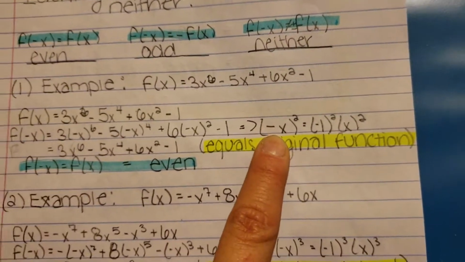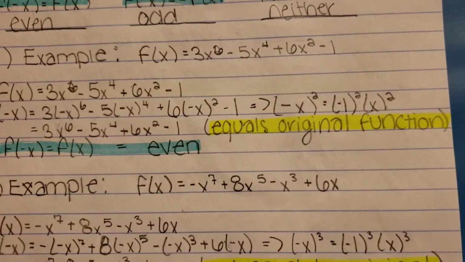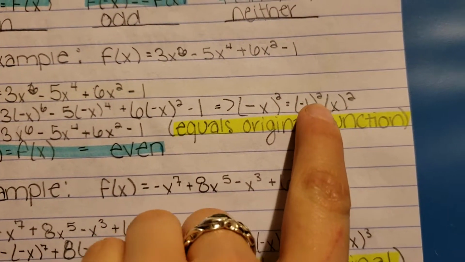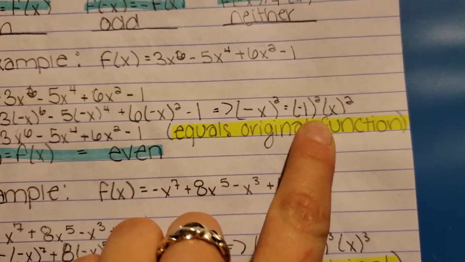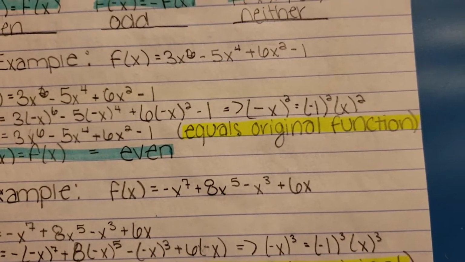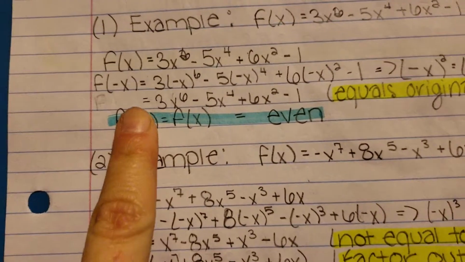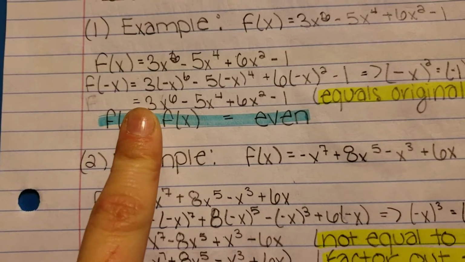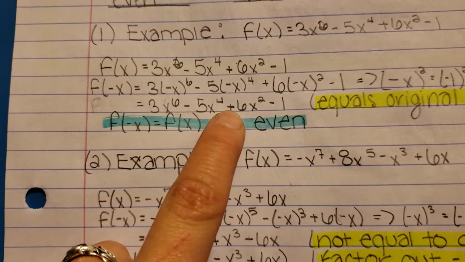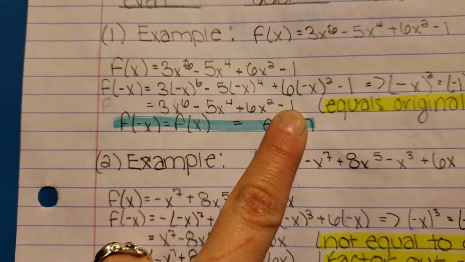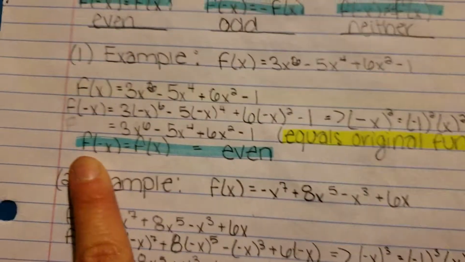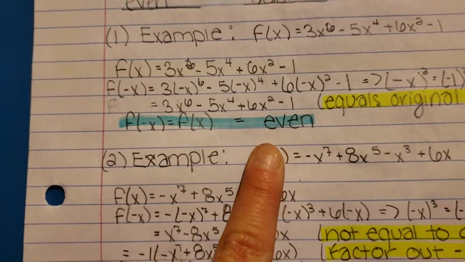A general rule of thumb is that negative x to the 2nd power is equal to negative 1 squared times x squared. When you multiply two negative numbers together, you get a positive. So you get 3x to the 6th power minus 5x to the 4th power plus 6x squared minus 1, which is equal to the original function. This makes it an even example.